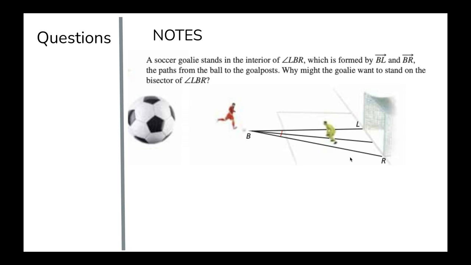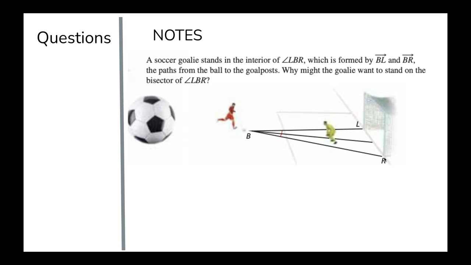So here's something to keep in mind and to think about. This is like a real world situation. Here it says that a soccer goalie stands in the interior of angle LBR. So that's the outer angle, LBR. Notice that it's using the goalposts as L and R, okay?